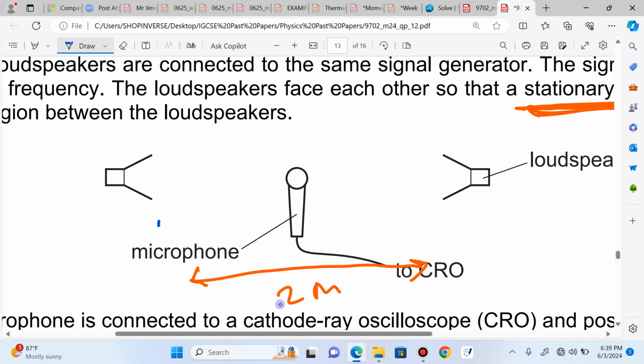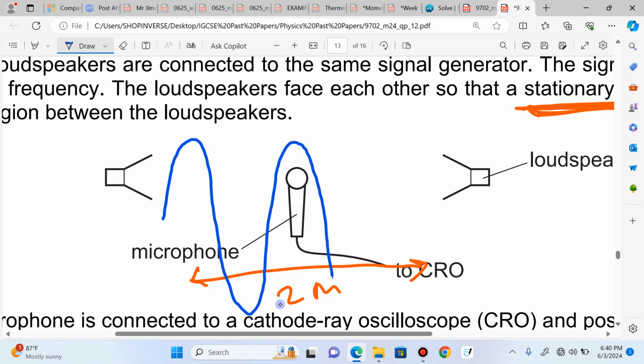I'll produce something like this. 1, 2, 3. So this can represent the wave coming from the first speaker.